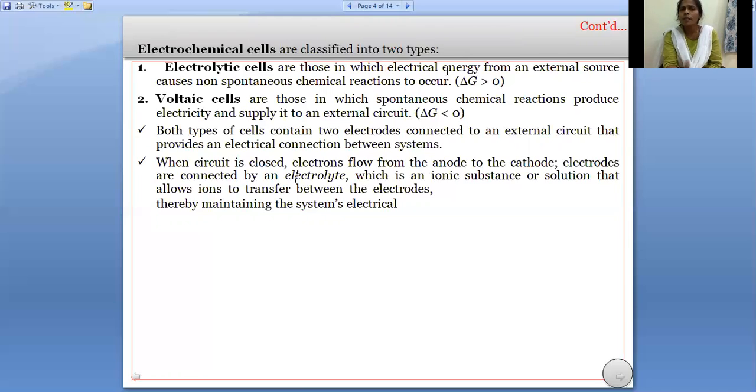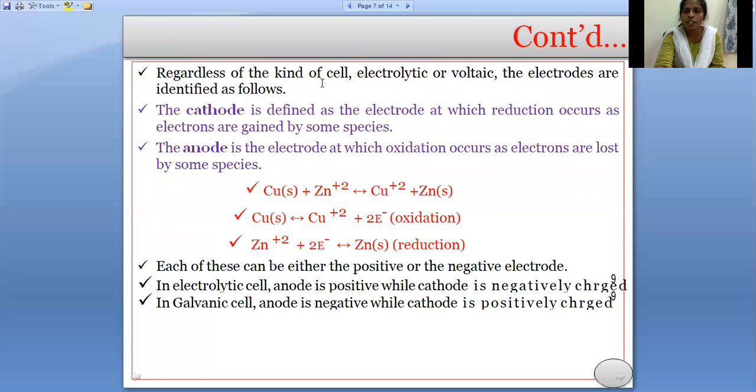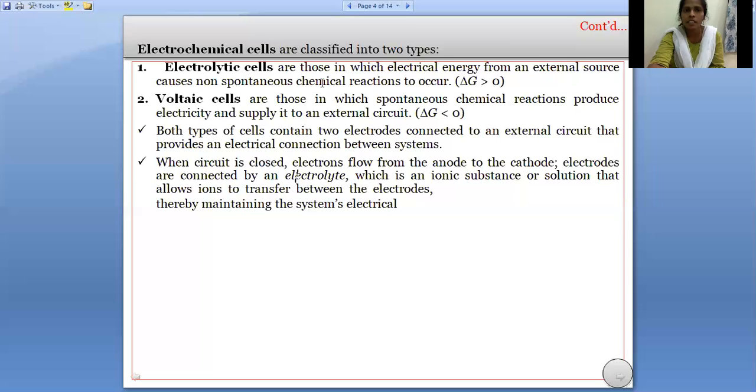But before that, what is meant by spontaneous and non-spontaneous? Here we have non-spontaneous chemical reactions occurring. What is meant by non-spontaneous chemical reactions? Non-spontaneous is nothing but that which is done by an external force. It is not done by itself. Spontaneous is the natural process, but a non-spontaneous process is an artificial process.